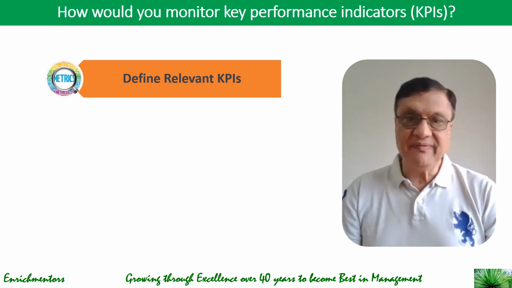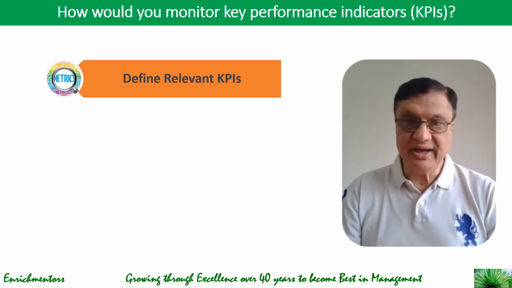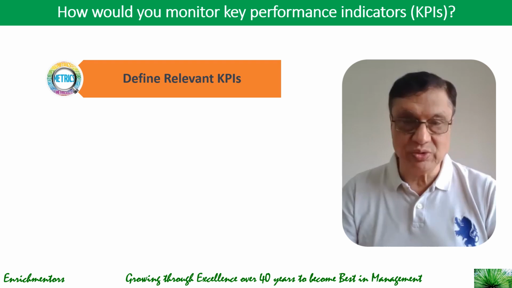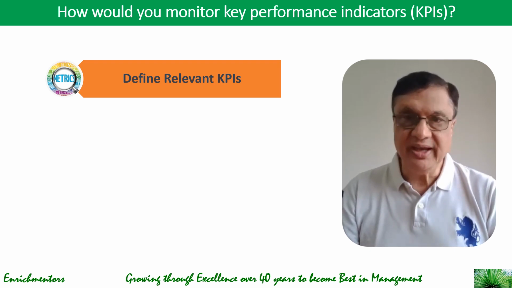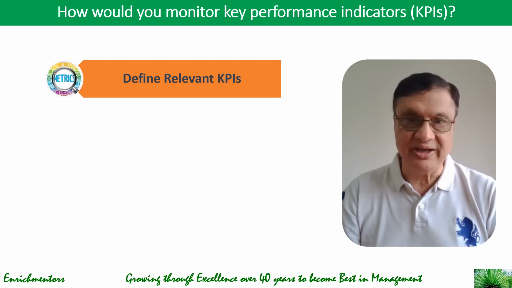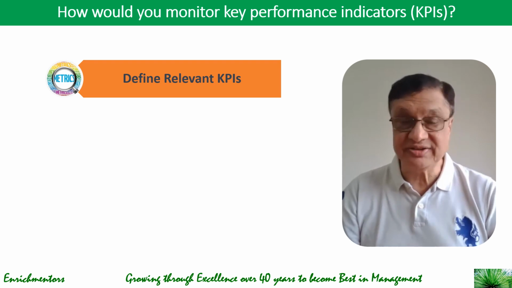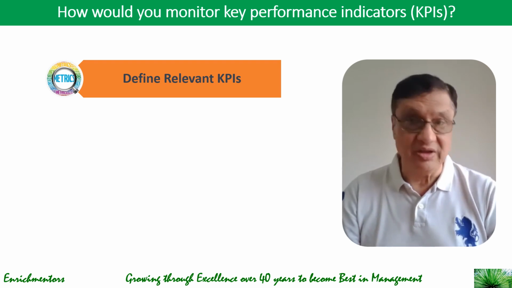You begin by defining the KPIs that are most relevant for your product's goals and objectives. And these KPIs should align with your product strategy and business goals so that you are chasing the right KPIs. Common KPI categories are user engagement, revenue, obviously, customer satisfaction, operational efficiency, etc.